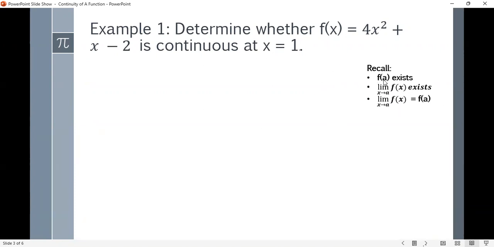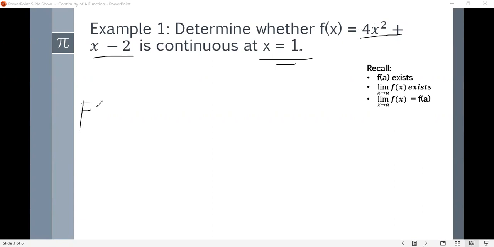So paano yung unang condition, f of a. We need to substitute the value of x is equals to 1 sa ating function na 4x squared plus x minus 2. So i-insert po natin yung value ng x sa ating given na function.